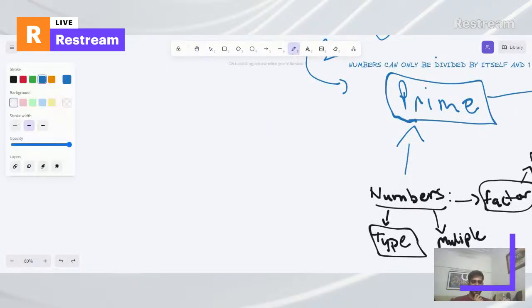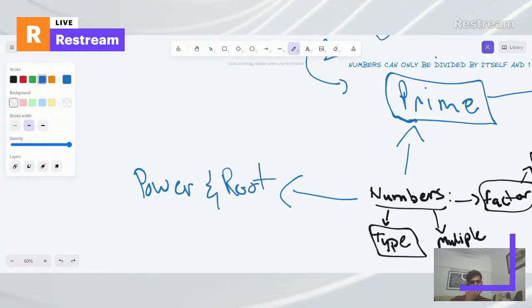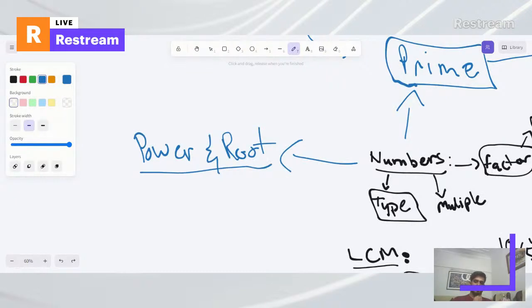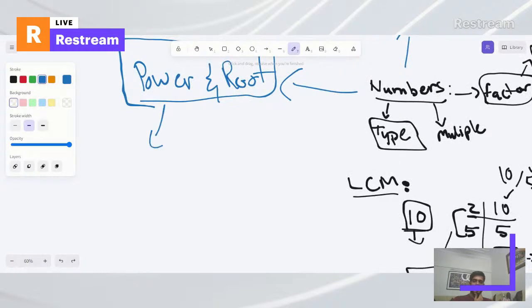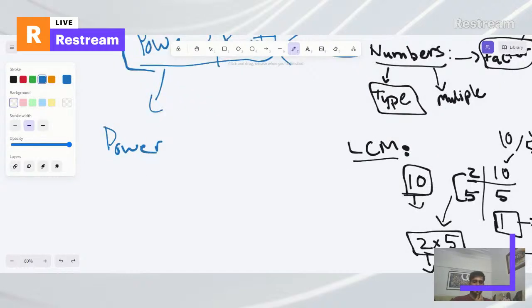What's power and what's root? Let's write them down separately. So what's power? When I say power, what do I mean by that?